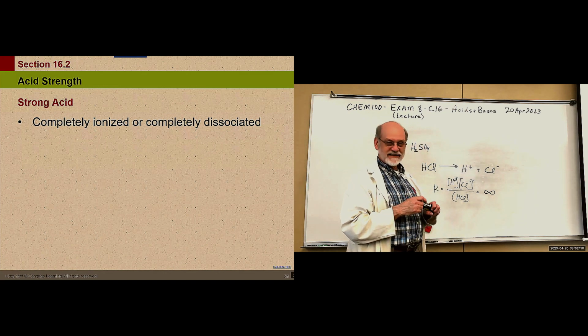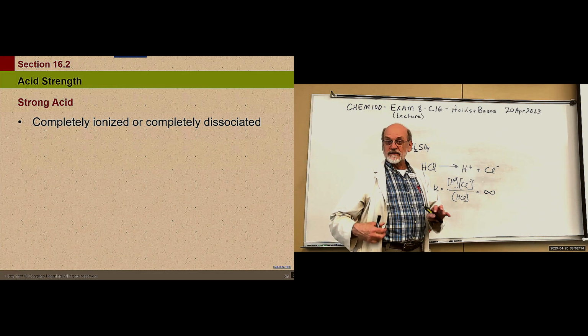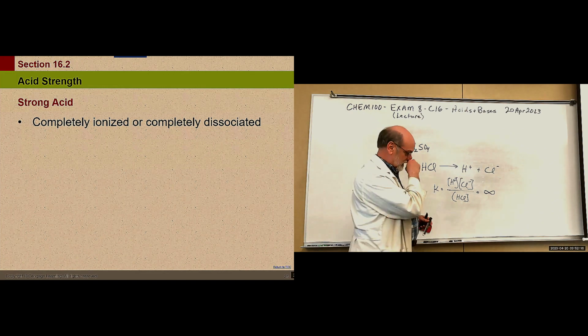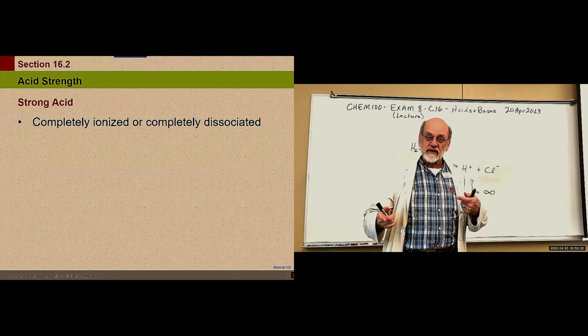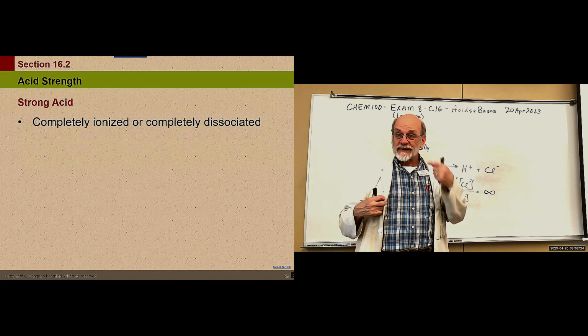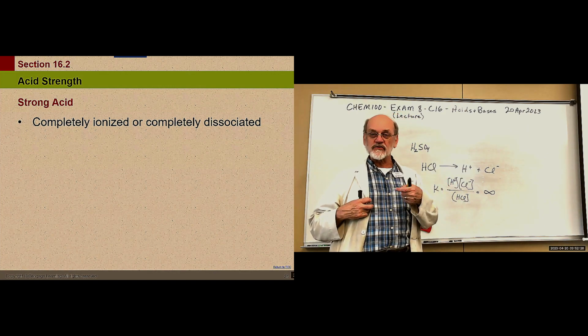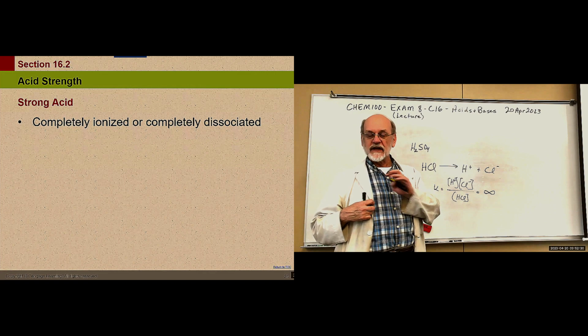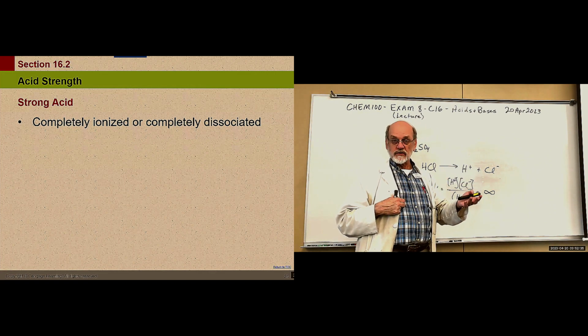Infinity, right? So the K value for this one is pretty close to infinite. Okay, that is a strong acid. And the definition of a strong acid is one which is almost or completely dissociated. The hydrogen ions are transferred to water, and what's left over, the conjugate base, is in solution.